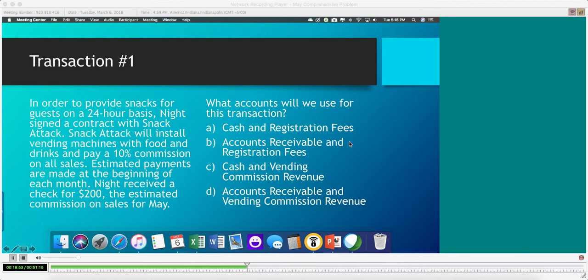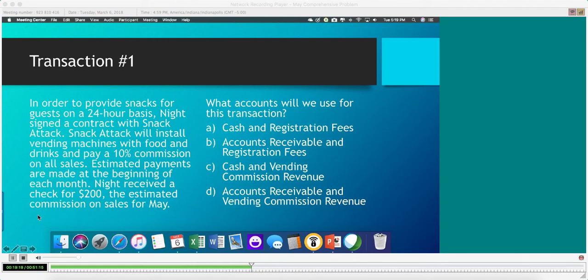Yeah, you can see why this one is commonly missed. It's wordy, it's long, and it's confusing. And unfortunately, we will have to have an adjusting entry. So you have to read very carefully.